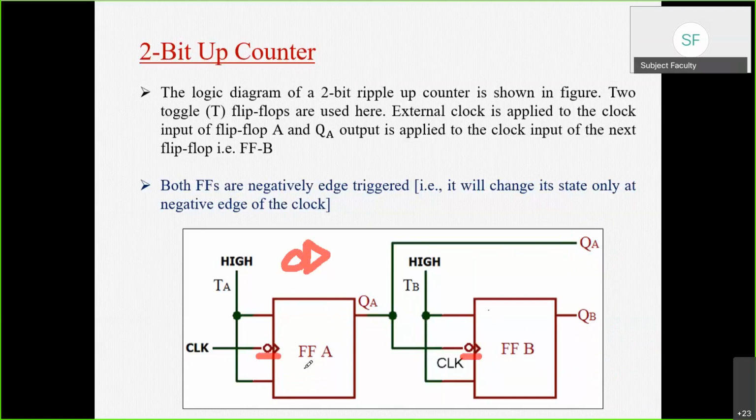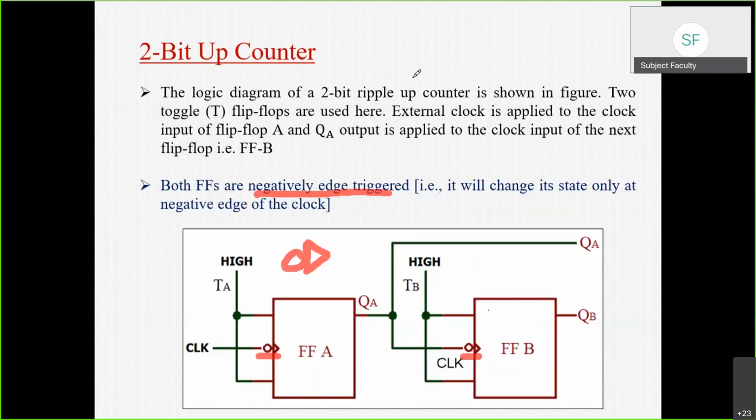This circle indicates that these flip-flops are negatively edge triggered. Now what do you mean by negatively edge triggered? It means the flip-flop will change its state only at the negative edge of the clock.